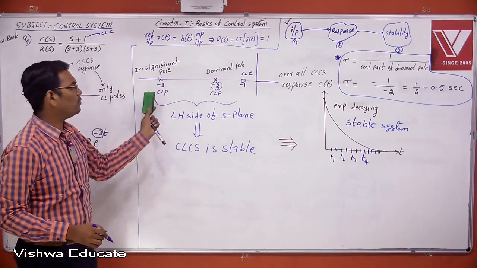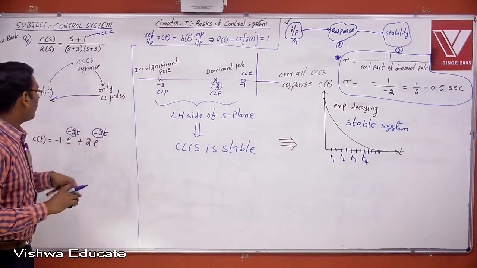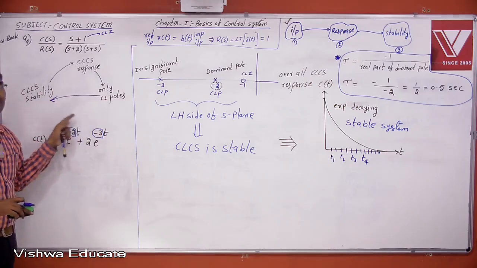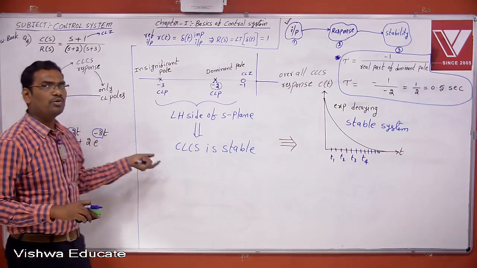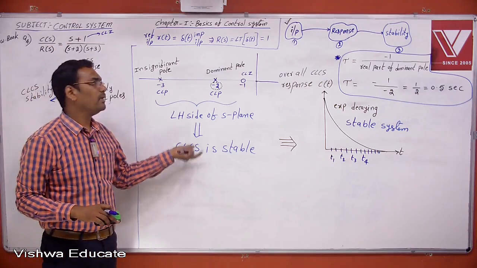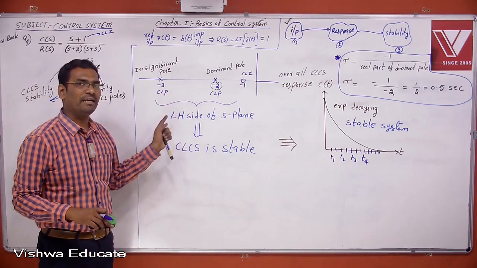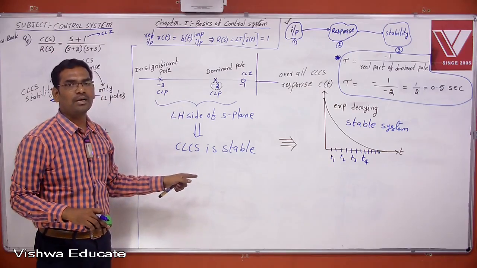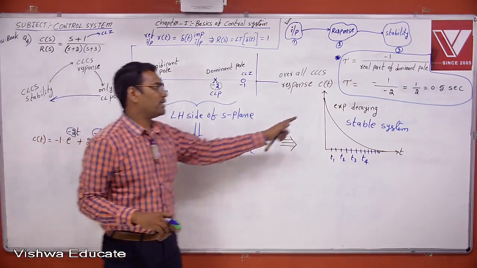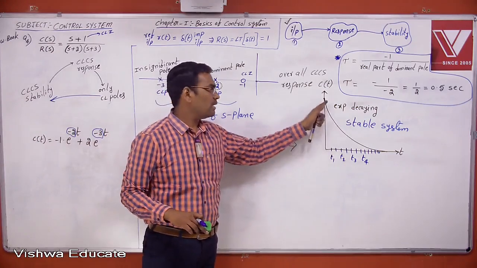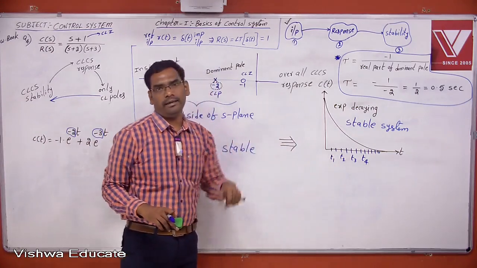There is no need to apply the input, response, and all these things are not required. If you want to find the closed loop control system stability, just see the pole locations. If your closed loop poles lie on the left-hand side of the S-plane, 100% the closed loop control system is stable, because the response is a stable response. The response follows the input.